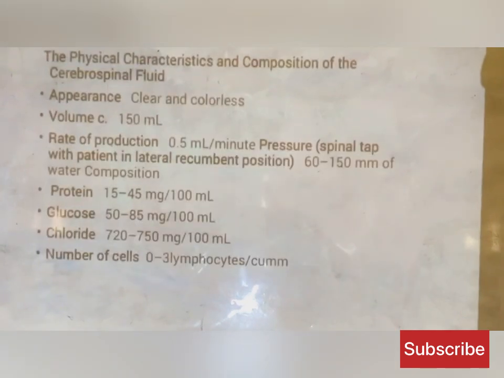These are all what I've told you before, concerning the volume of the CSF and the protein and glucose content of it. These are the values of all this content of the CSF: the glucose level, protein level, and the chloride level. Sodium and other ions are also there. And it also contains some lymphocytes. The lymphocytes are part of our immune cells.